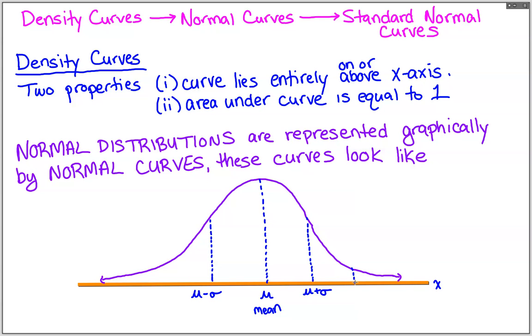And then you can continue on, and then this is a mean plus 2 standard deviations, and this is a mean plus 3 standard deviations. And I'll get to why this is important in a second. So here's a mean minus 2 standard deviations, or 2 standard deviations below the mean. And here is a mean minus 3 standard deviations, so that would be 3 standard deviations below the mean. So that's generally what a normal curve looks like.